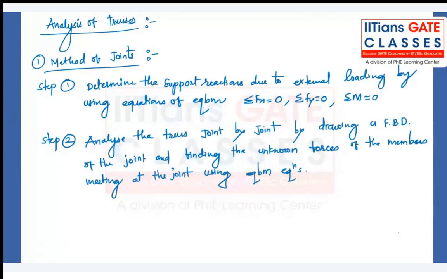Is it clear? First of all, the first step is to determine the support reactions due to external loading by using the equations of equilibrium. Then analyze the truss joint by joint by drawing the free body diagram and finding the unknown forces, again by using the equations of equilibrium, for the members meeting at the joint. So let's try to solve these questions one by one now, so you'll get an idea of what I'm talking about.